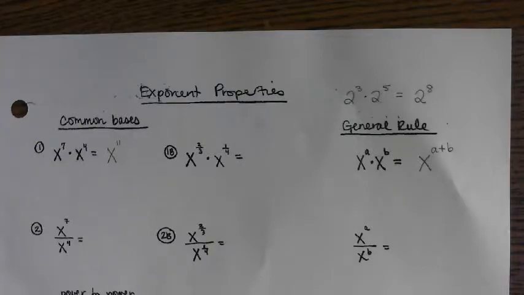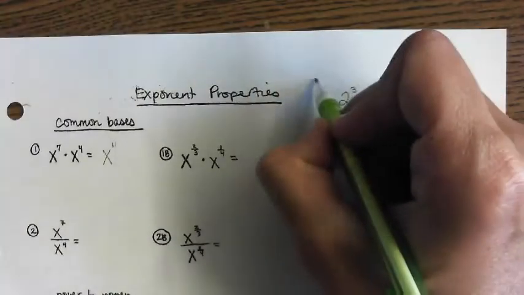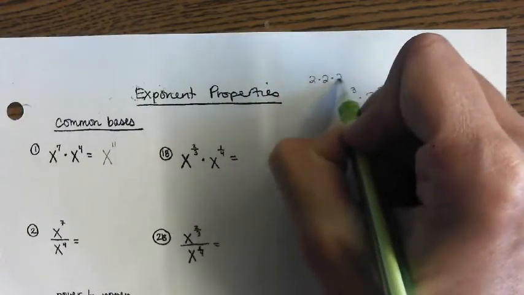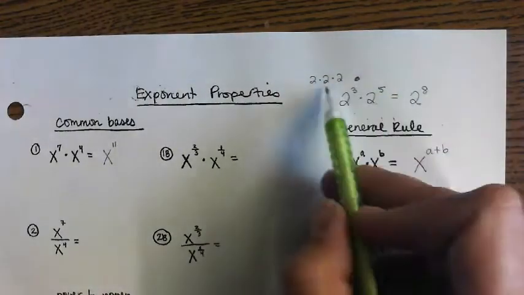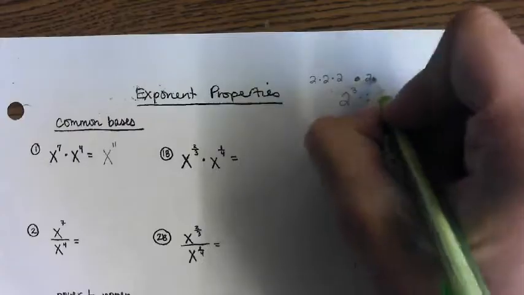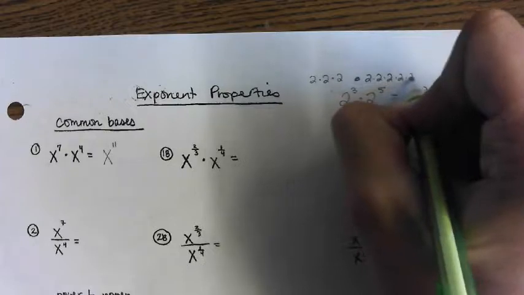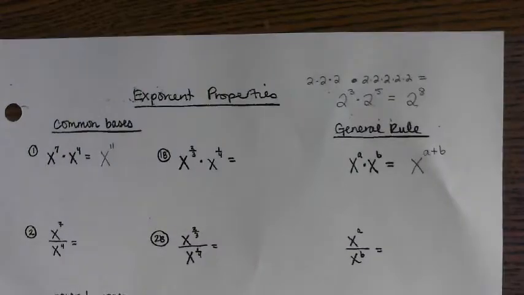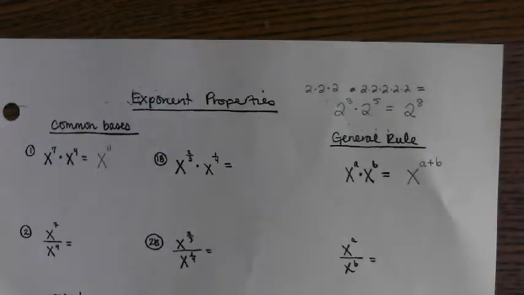That would not become 4 to the 8th power, so stay away from that. And really you can see that pan out if you expand 2 to the 3rd power, 2 times 2 times 2, and if you expand 2 to the 5th power, you can obviously see that there are 8 2's total, not 8 4's, correct?